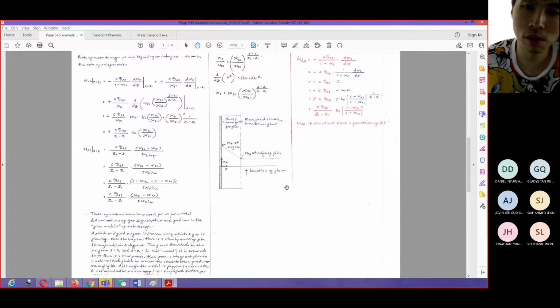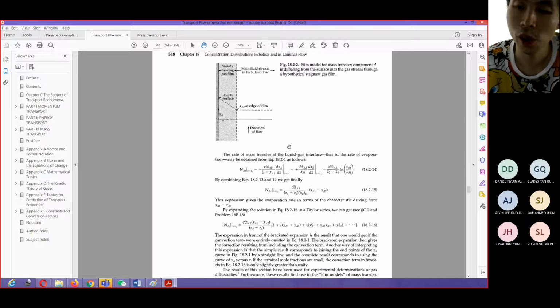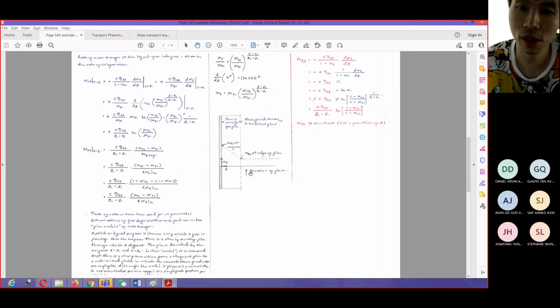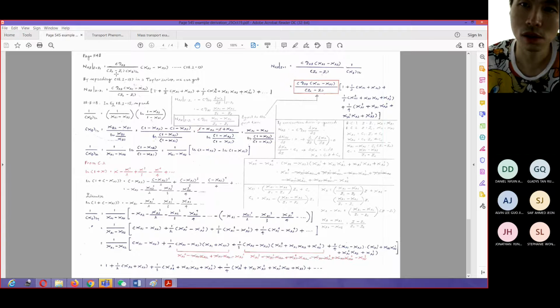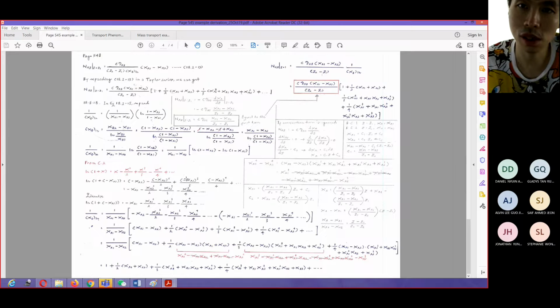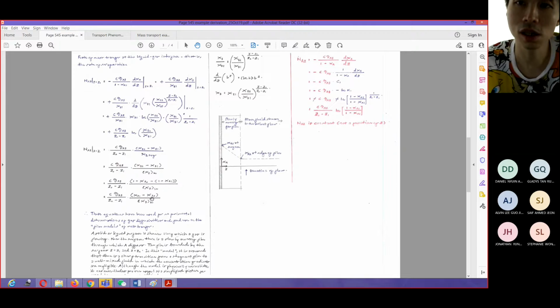And then if you go into the Bird book, we can also express these particular equations that we get here. This is 18.15, which is basically this particular equation here.